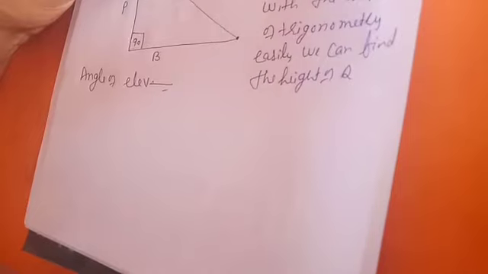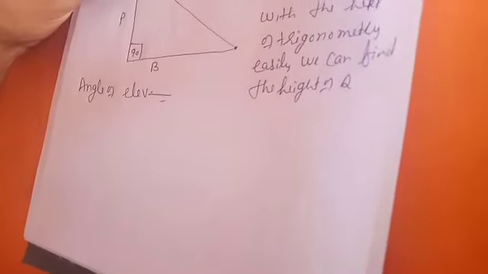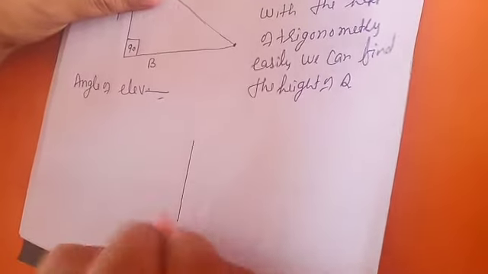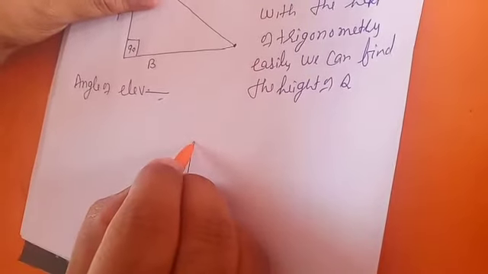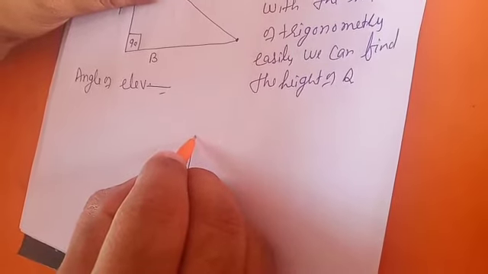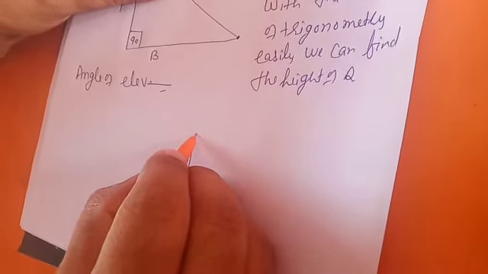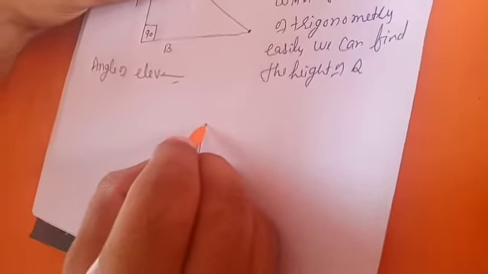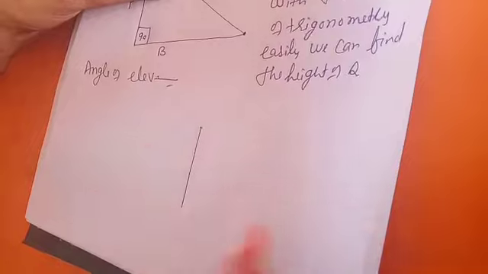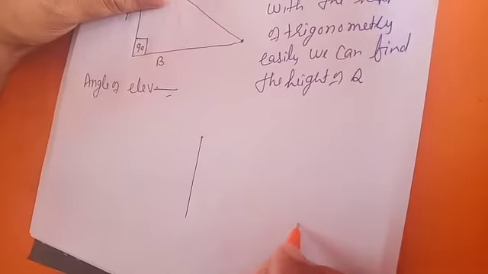Next example given: suppose a girl is sitting on a balcony. Balcony means this is a house, this is the balcony, and the girl is sitting here, of her house located on the bank of a river. She is looking down at a flower pot placed on the stair of a temple on the other side of the bank.